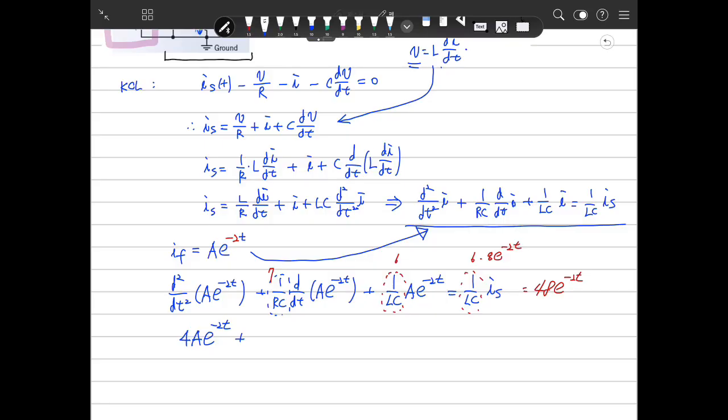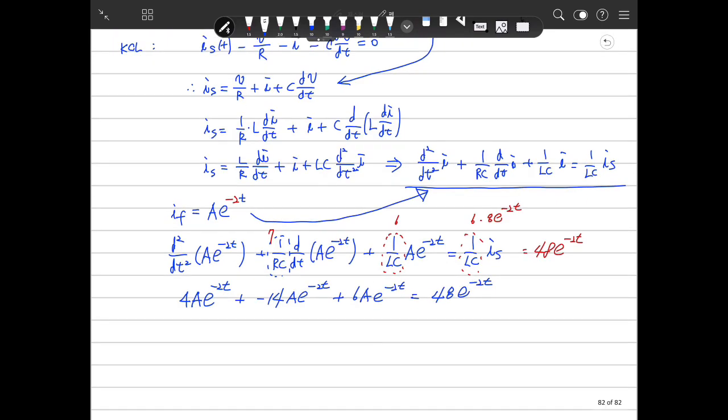So there is minus 14a e^(-2t) plus 6a e^(-2t), which will be the same as 84 e^(-2t).